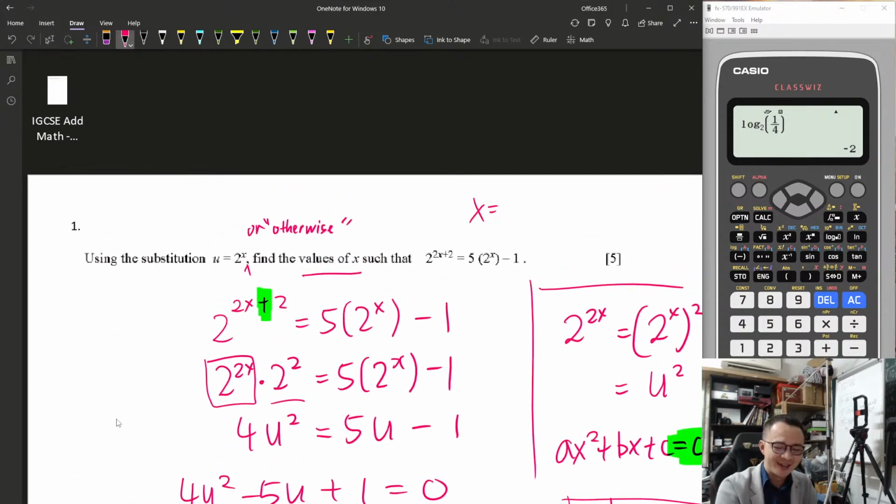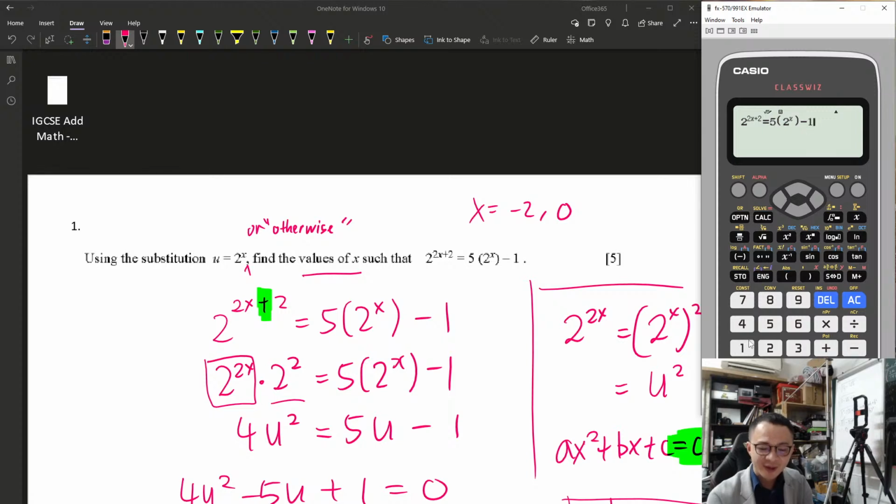So I insert the whole equation: 2 to the power of 2x plus 2 to the power of x minus 1. Then I ask my calculator to solve for me.